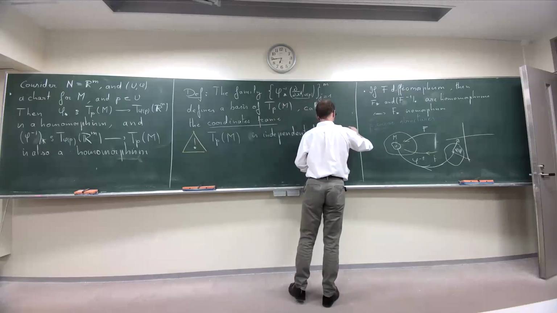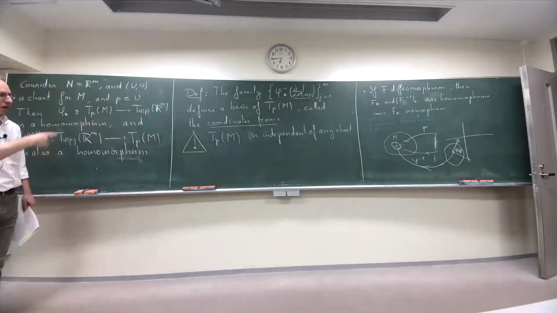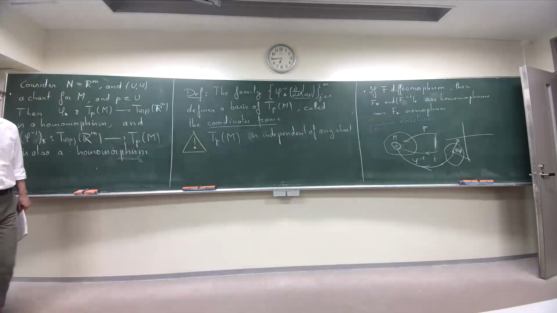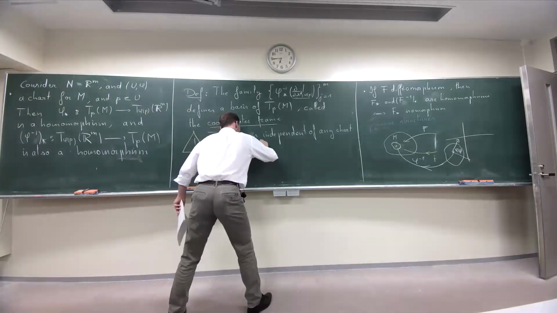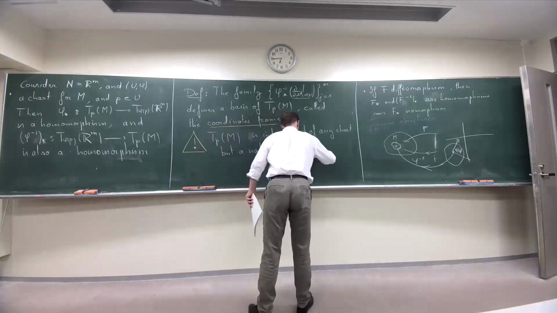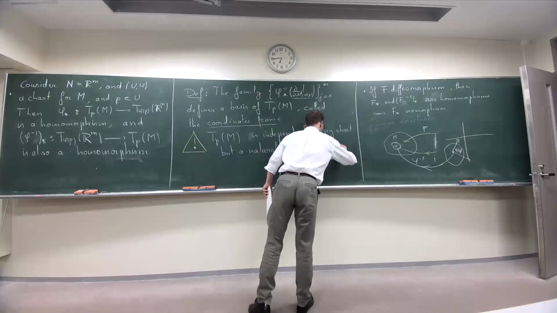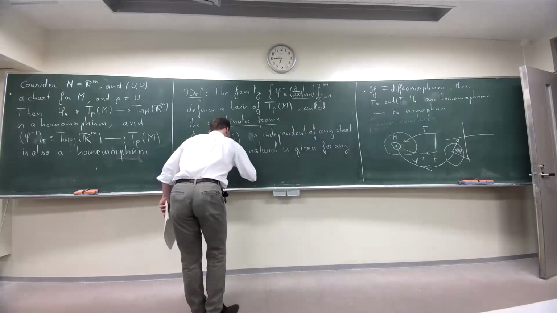If you look at the definition, I didn't use any phi for defining this tangent space, but a natural basis is given for any chart. So it's important to realize this.